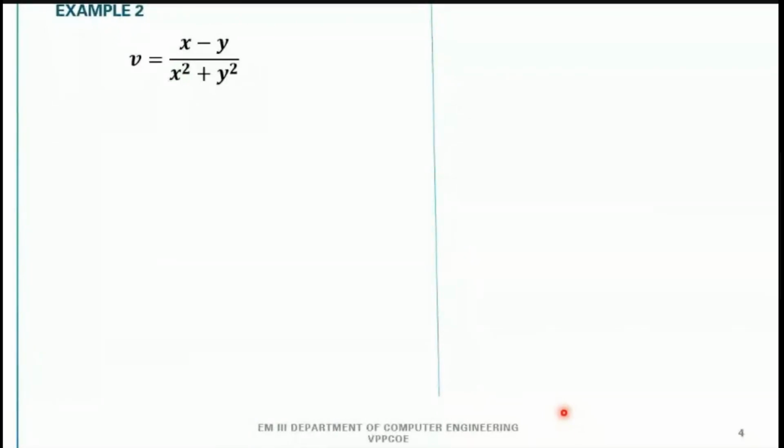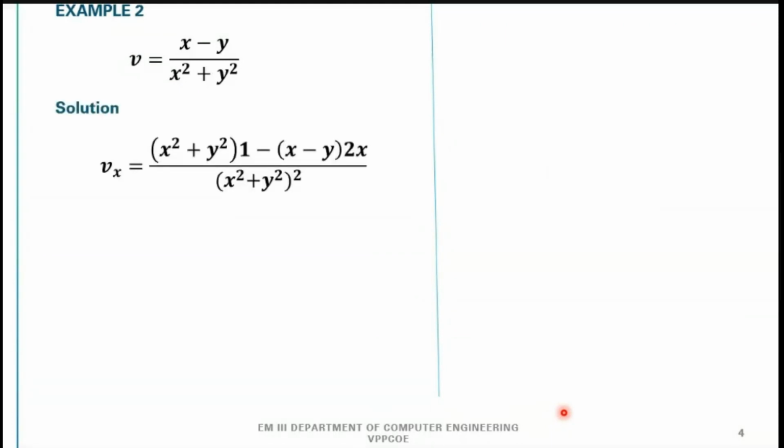Same procedure, calculating Vx, Vy, putting x is equal to z, y equal to 0. So first we have to differentiate v with respect to x, keeping y as the constant. So again to get Vx, we will apply the u by v method of differentiation. So it is v du minus u dv upon v square.